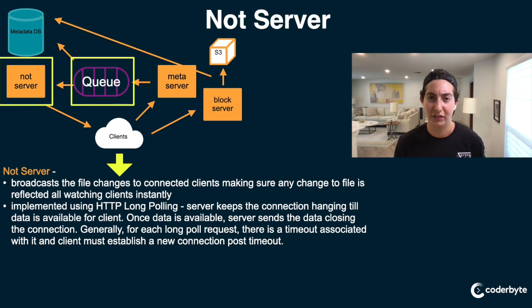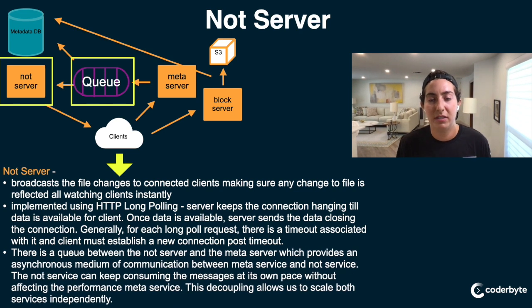Rather than the notification server trying to create and close connections at will, it keeps them open because it knows that its only job is to send these notifications. So it's ready at any given point, and that's what helps make it instantaneous and helps the changes be propagated almost instantly and also reliably.